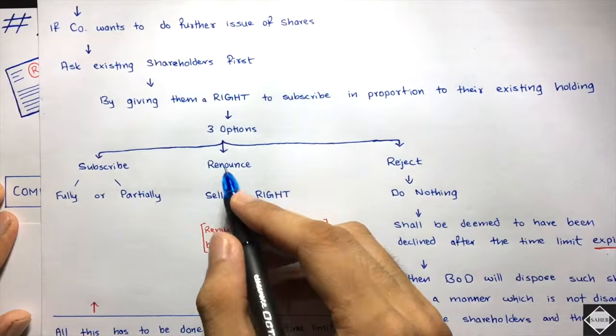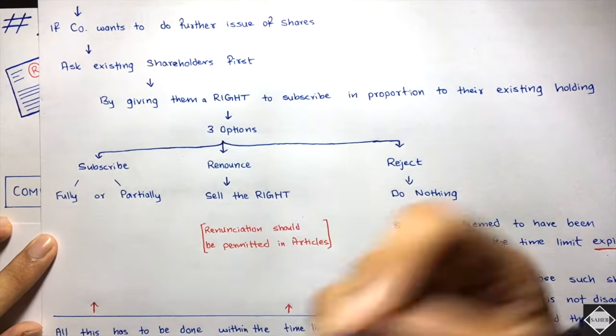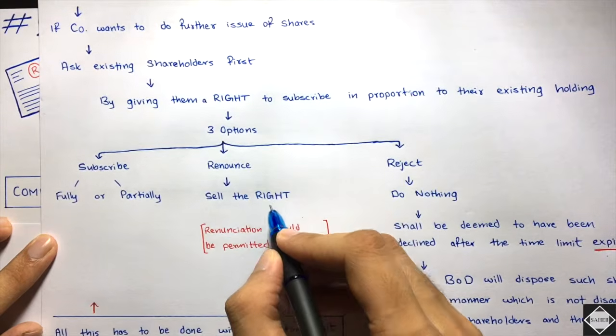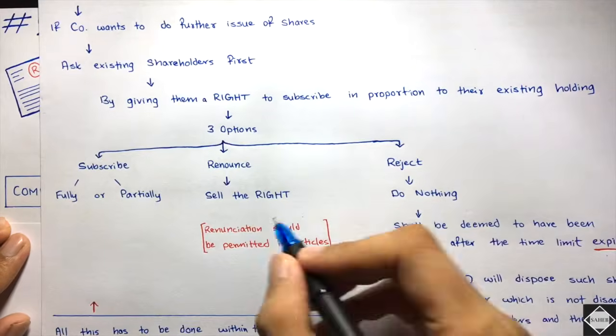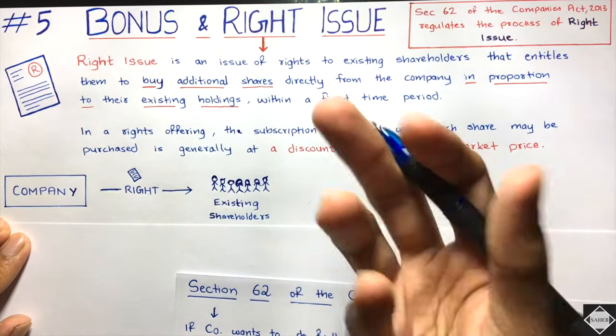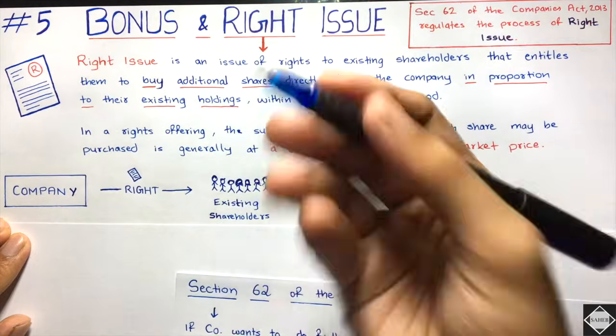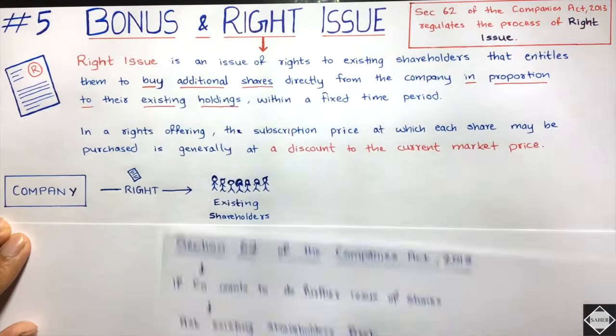And then there is another option called renunciation of right, renouncing the right. What does it mean? It means selling the right to any other person. Understand, you are not selling the share here, you are selling the right. You got a piece of paper which has the power, an option to buy additional shares directly from the company. This right is valuable.